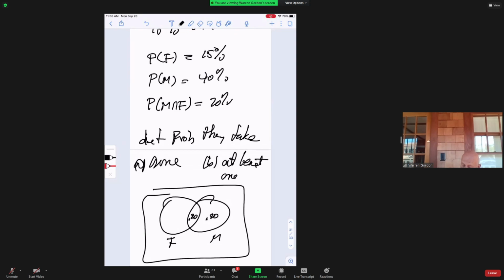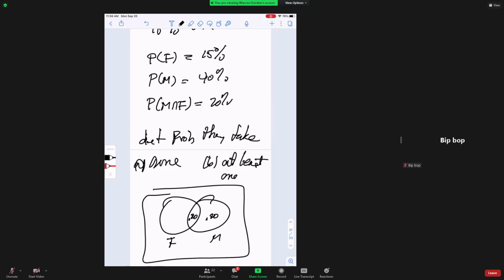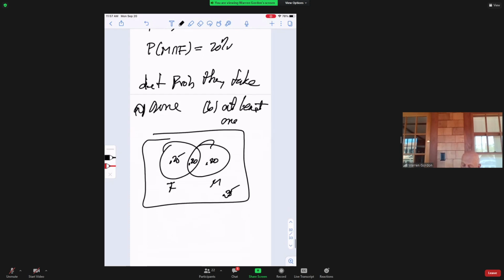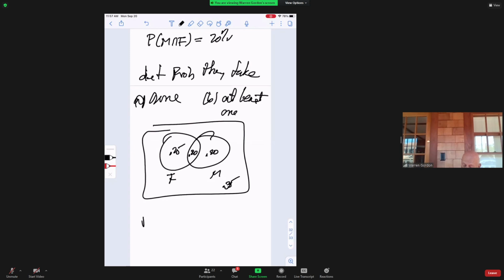I'm sorry, this can't be. I have to change it. Let me make this number 45%. So this would be 0.25. So what do I got? 45, 65, so this must be 0.35. So the probability they take none of these, meaning they don't take math and they don't take French, is 0.35. And the probability they take at least one of these, I could use the formula, but notice I can get it from my Venn diagram to be just the complement, which is 0.65.